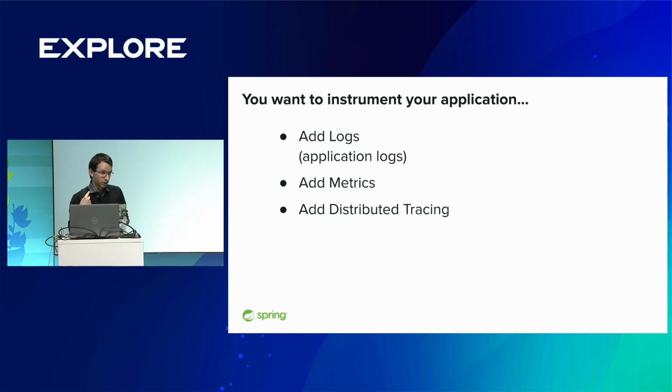But the problem that the Observation API is trying to resolve is that if you want to instrument your application, you might want to add some logs and instrument your components like that. And then you release it to production, then you will remember, oh wait, I need to add metrics as well. So you go back, modify the instrumentation again, and add metrics. Then you want distributed tracing.